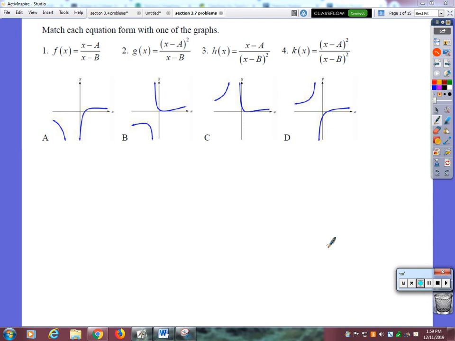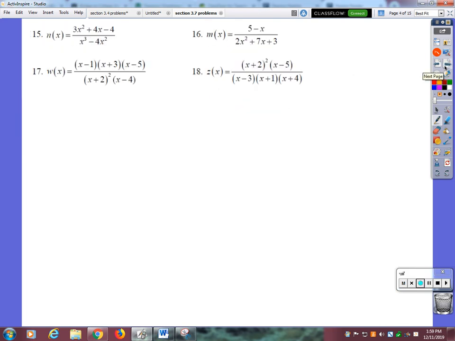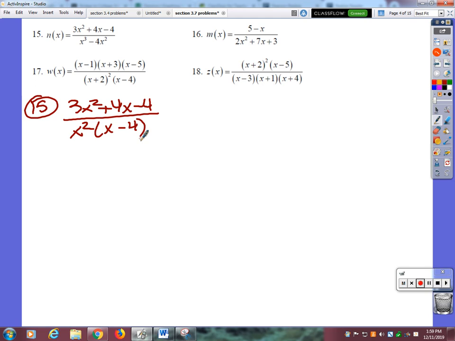It's time to panic. What number? That's a vertical asymptote. Okay, so no, when the denominator is 0, that means you have a vertical asymptote. At some point, yeah. Right?